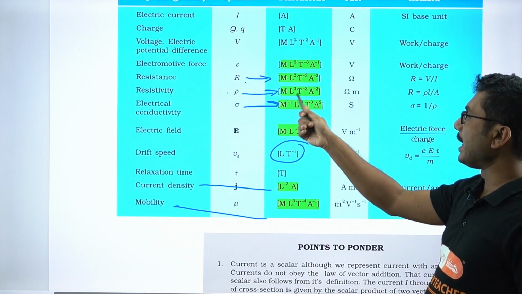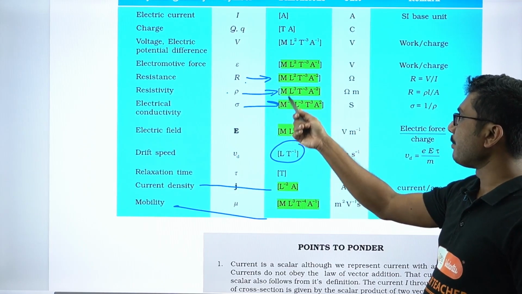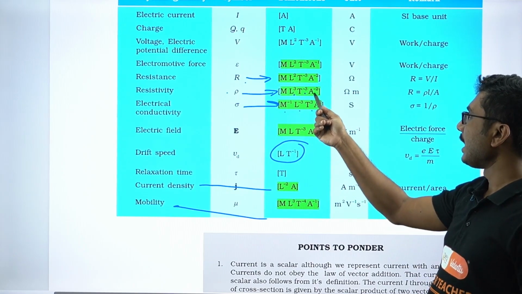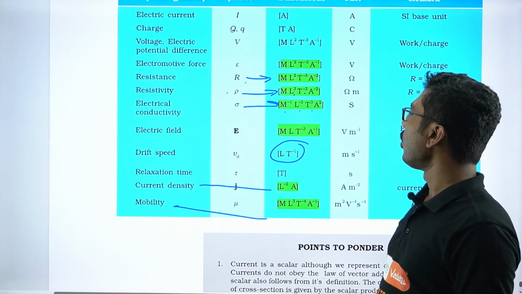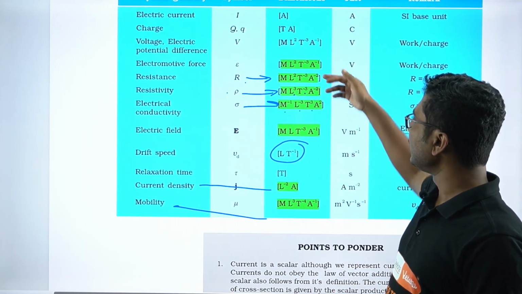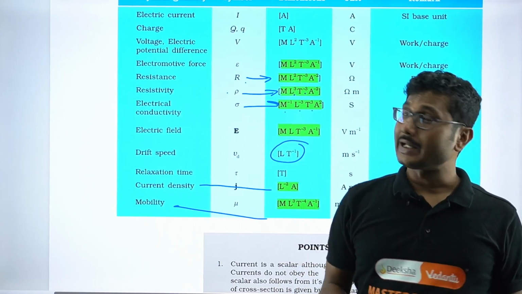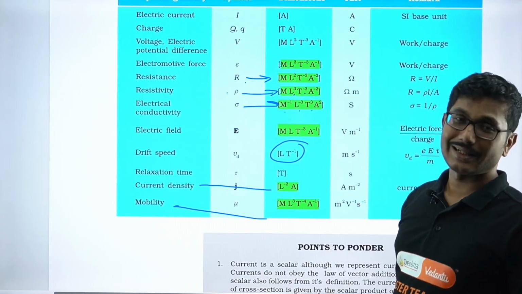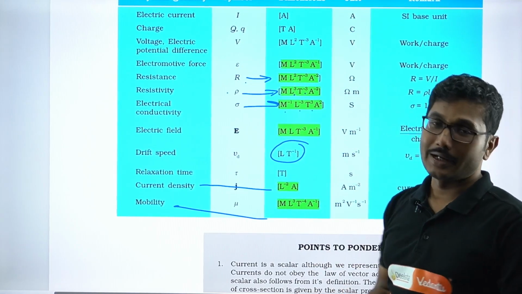So M L cubed t to the power minus 3 A to the power minus 2 becomes M to the power minus 1 L to the power minus 3 t to the power 3 A to the power 2. Similarly there is a relationship between resistance and resistivity. There is an extra length in resistivity and a length less in resistance. Through that you can remember different quantities.